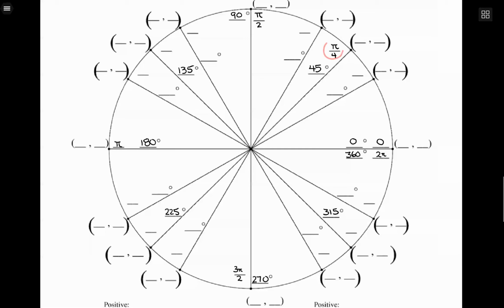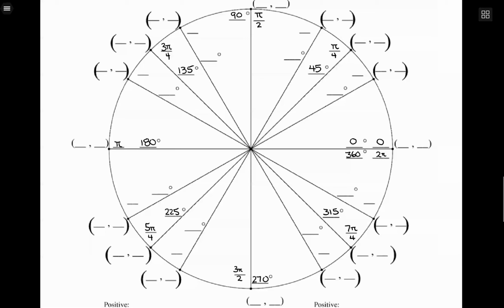So we have 1 pi over 4, 2, 3 pi over 4, and 4 pi over 4, 5 pi over 4, 6, 7, and then 8 at the 2 pi.